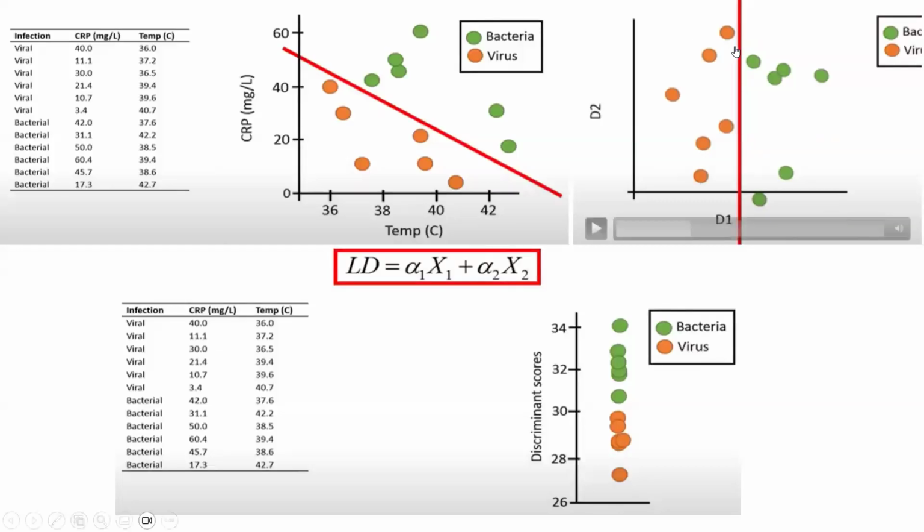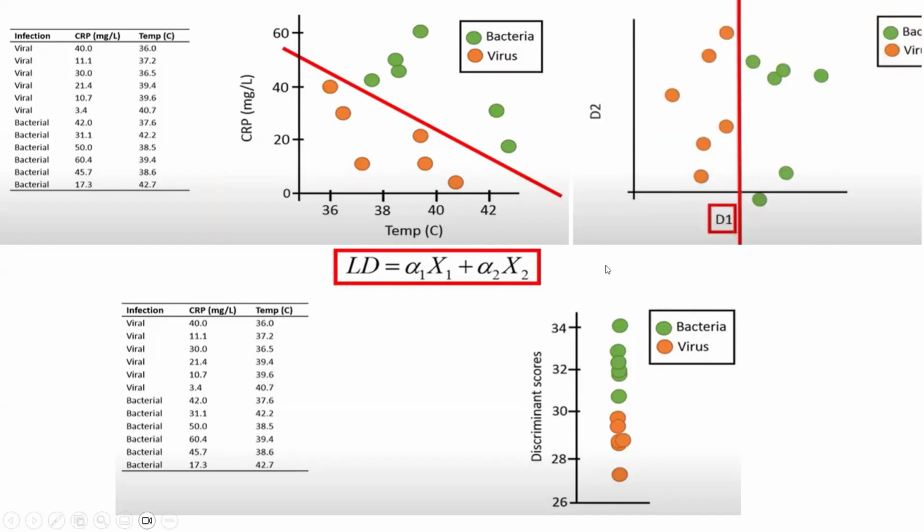Look at the line D1, it is effectively separating both the classes. If we do the projection onto the D1 axis, you are able to reduce the dimension and also separate the classes effectively. Now look at the D2 line. This is the D1 line that you are seeing right now.